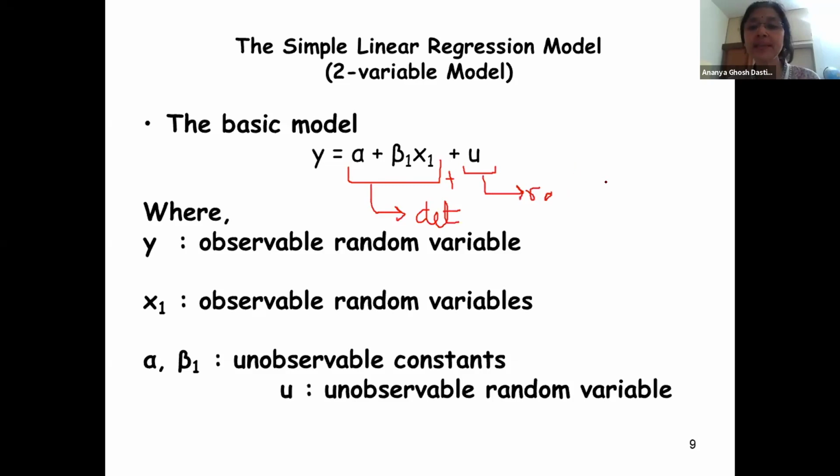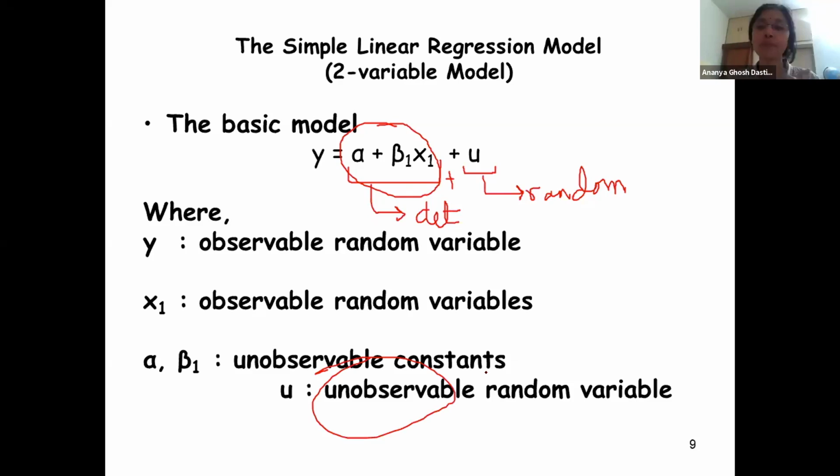Now, why am I calling this the deterministic part? Because once I know X, I can actually say that Y is alpha plus beta X1. That's the deterministic part of Y. And the error part of it, remember the errors are unobservable, are just random. So we are making a lot of assumptions about those. They're zero mean, they're homoscedastic.